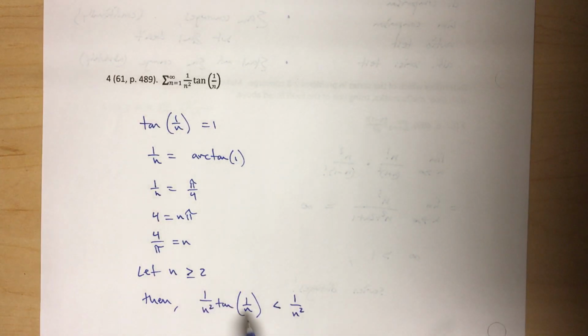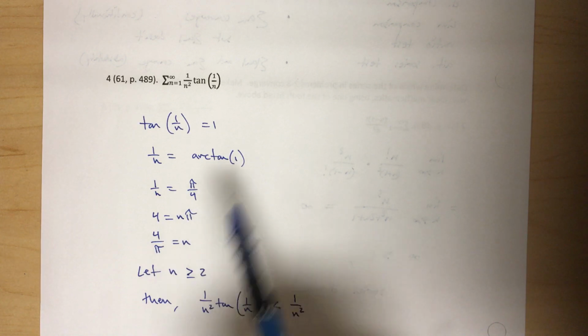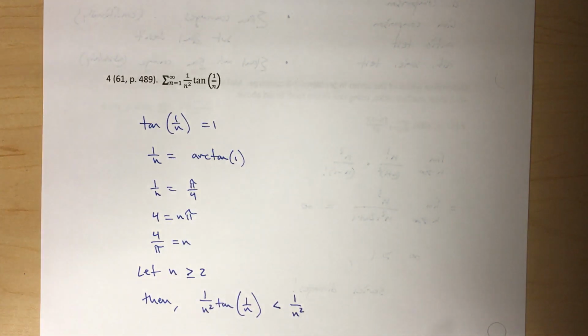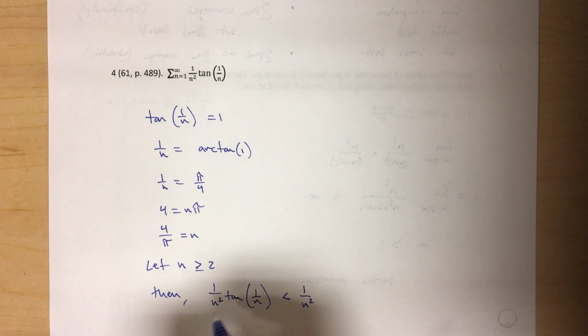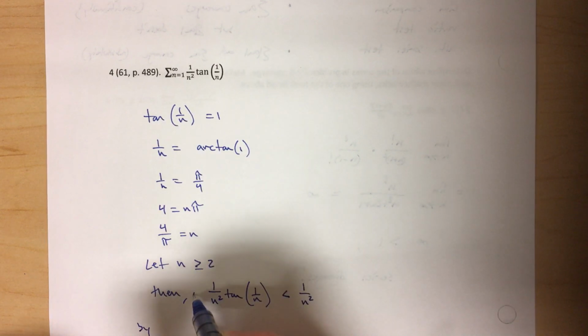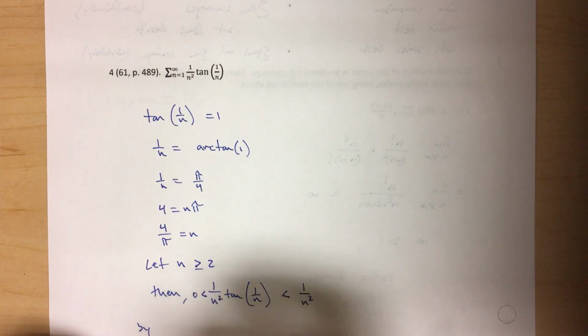Right, because from 2 to infinity, the only thing tangent is doing is going closer and closer to 0. So it's just going to be less than 1. It's going to be between 1 and 0. Hooray! And by the way, 0 is less than this too.